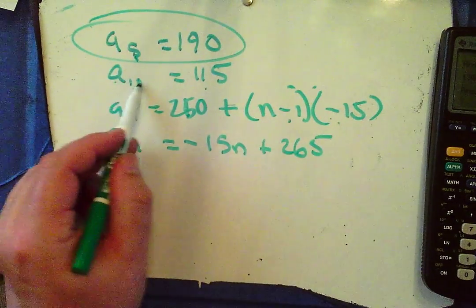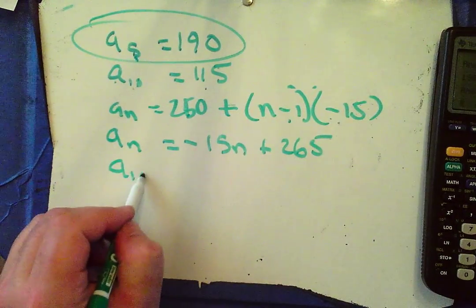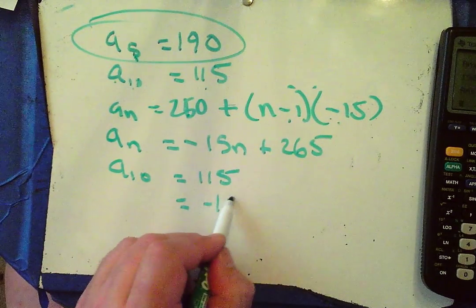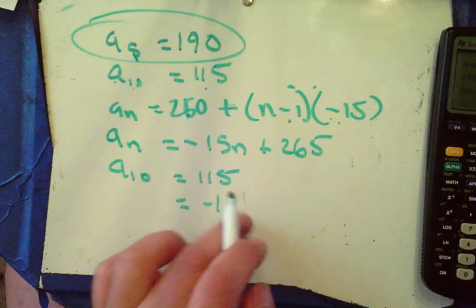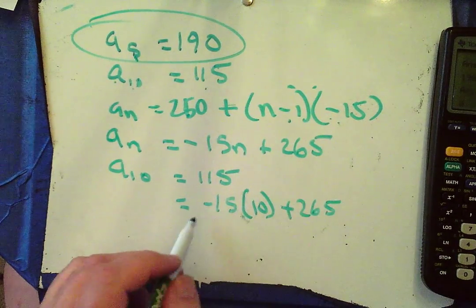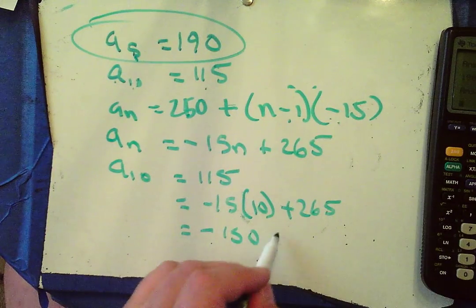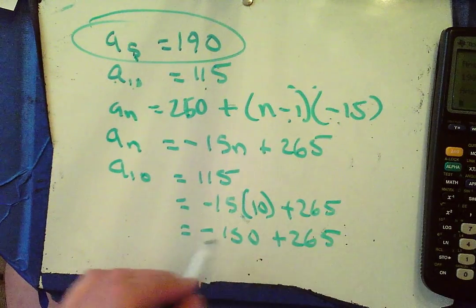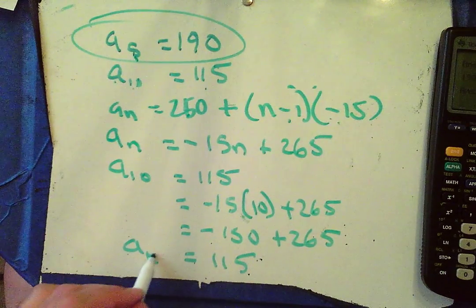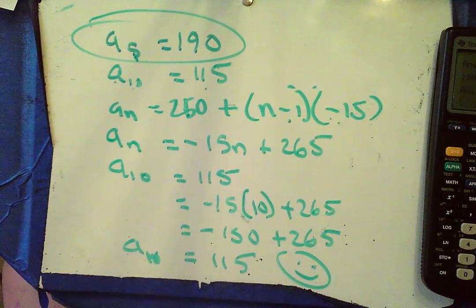And now if I plug in a 10, a sub 10 is supposed to be 115. Let's just confirm that. Negative 15 times 10 plus 265 is negative 150 plus 265 is 115 for a sub 10. Nice. Good job, us.